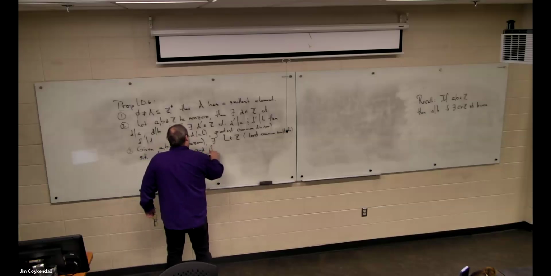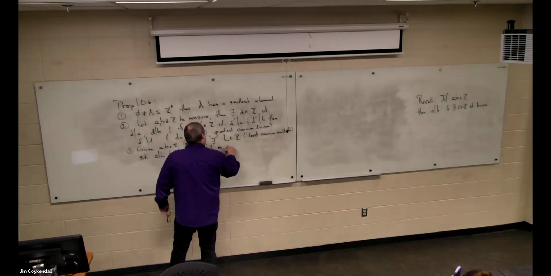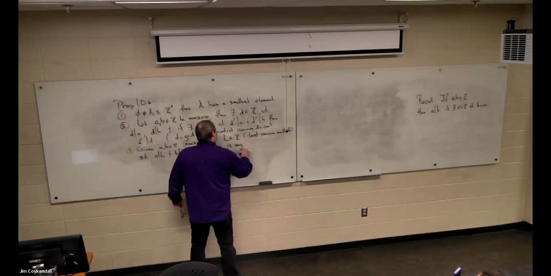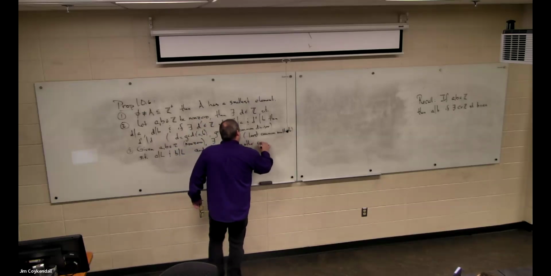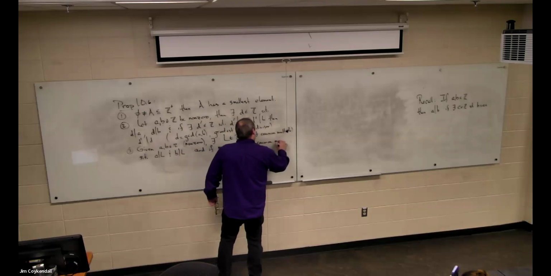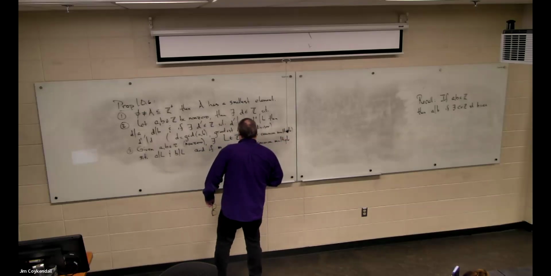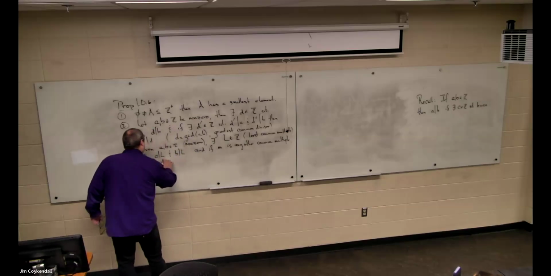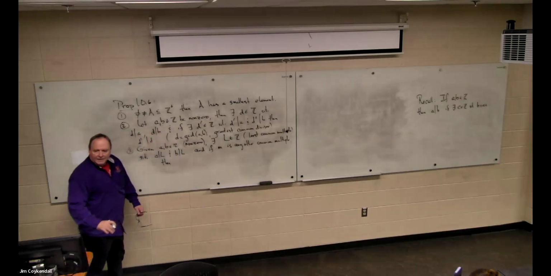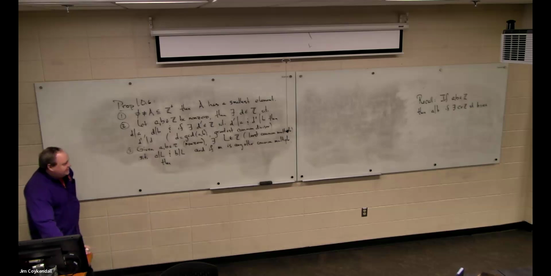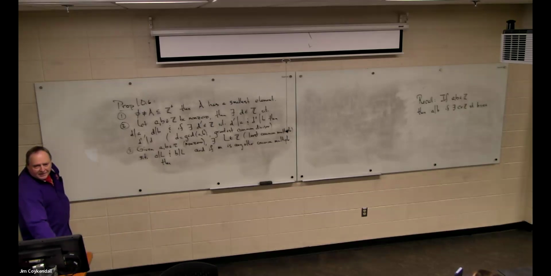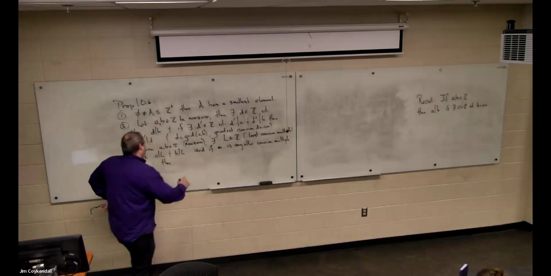And if M is any other common multiple, then anybody want to guess what happens here? The greatest common divisor had to be divisible by any other common divisor, right? The least common multiple has to divide any other common multiple.